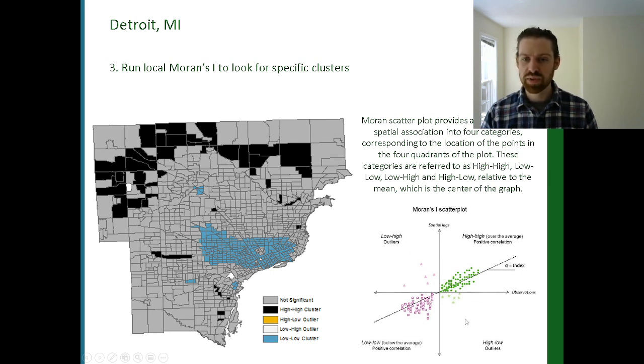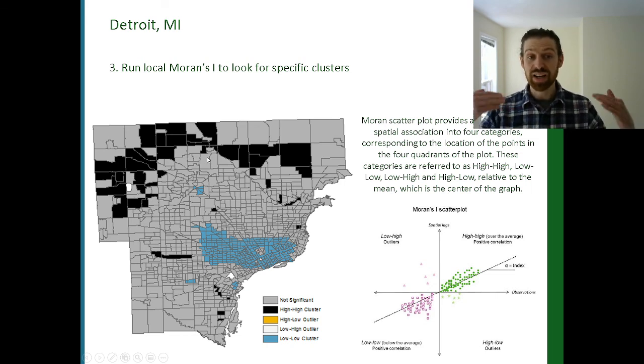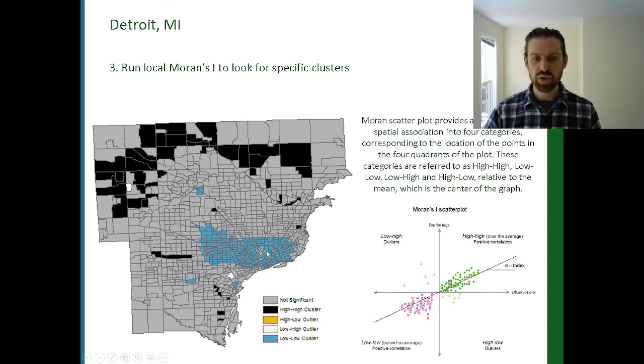Okay, so over here we've got the high clusters in these black colors, which means that they're highly autocorrelated. These are above the mean in terms of their racial composition, or lack of it, as I may say. And then down here we have these blue areas, which are low in the distribution but also highly clustered.